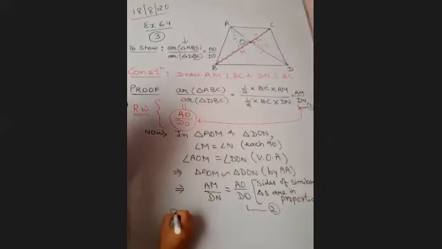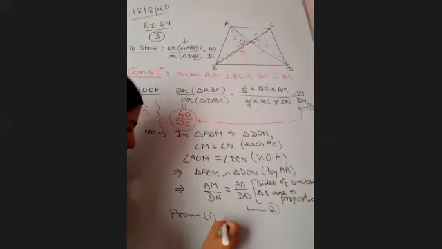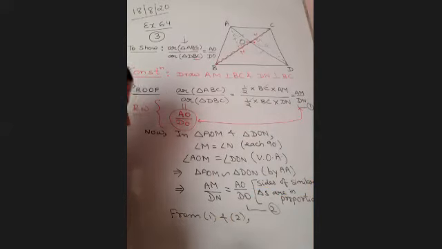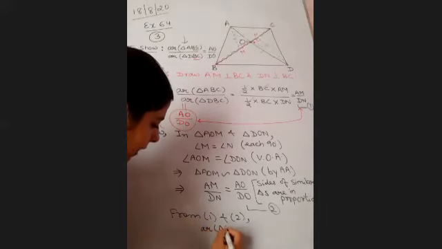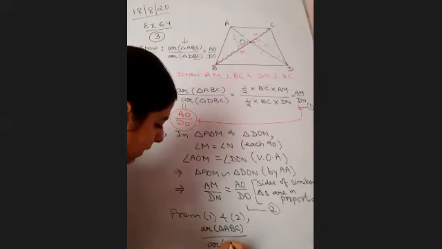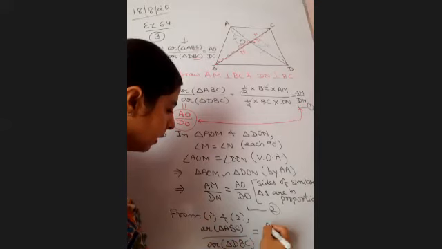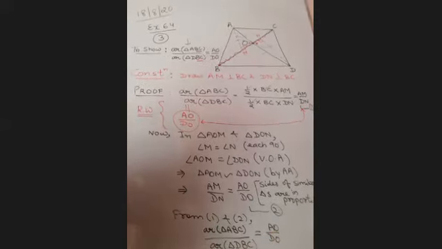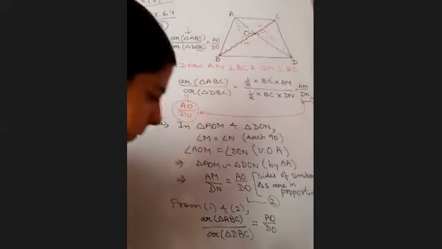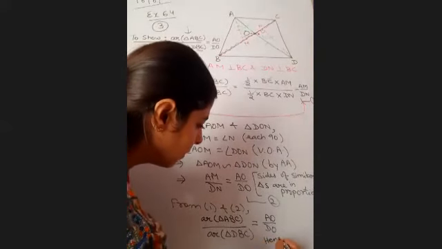So from 1 and 2, do we get the desired result? Yes, ma'am. So from 1 and 2, area of triangle ABC upon area of triangle DBC is equal to AO upon DO. Hence proved.